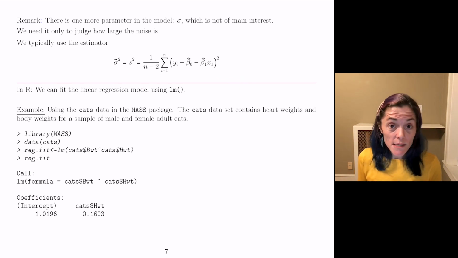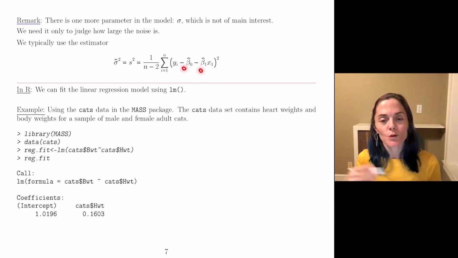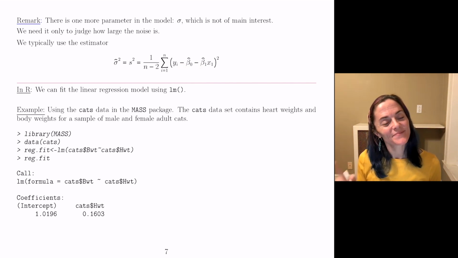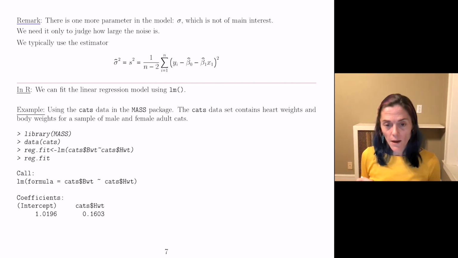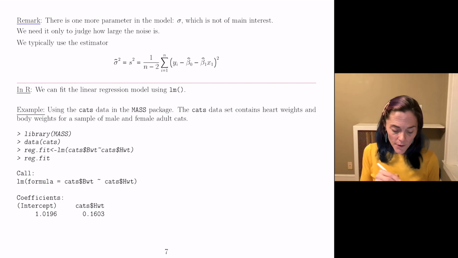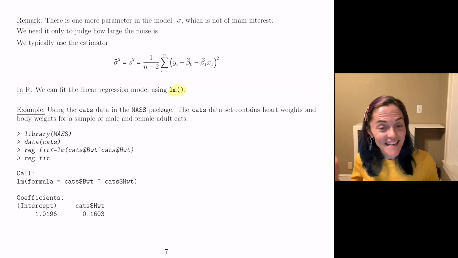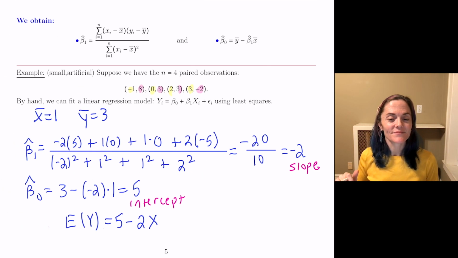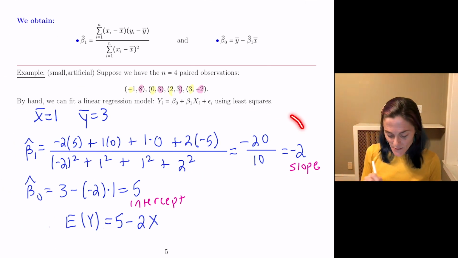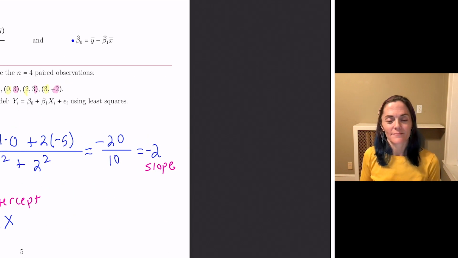It comes from degrees of freedom because we have 2 parameters here. But in R, we fit a linear regression model using this lm. The good news is when we have a large data set, you are not going to be doing this by hand ever.